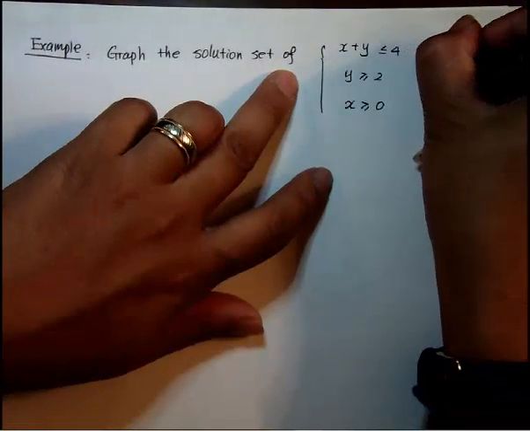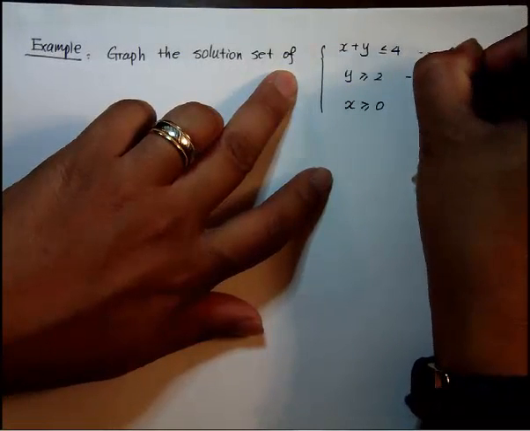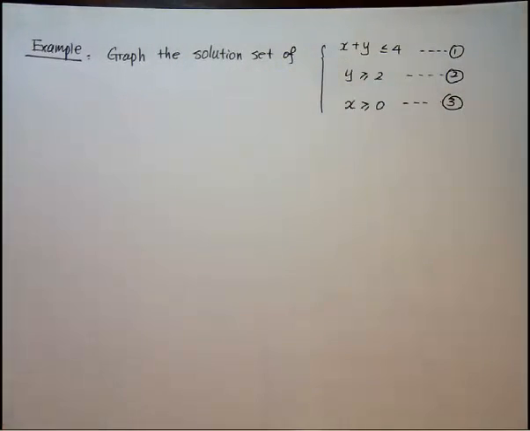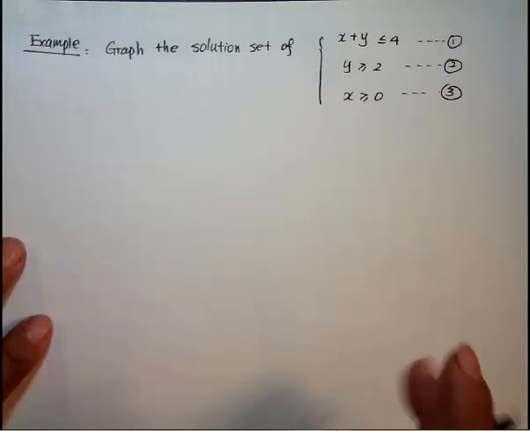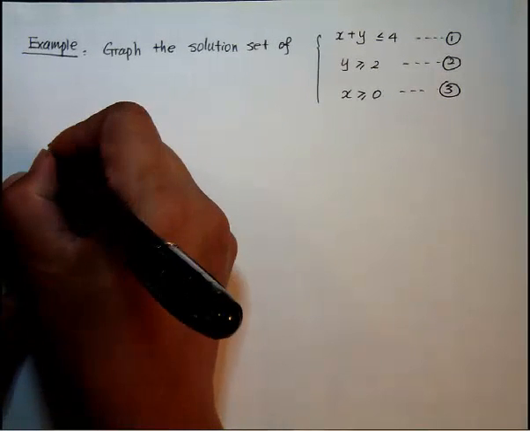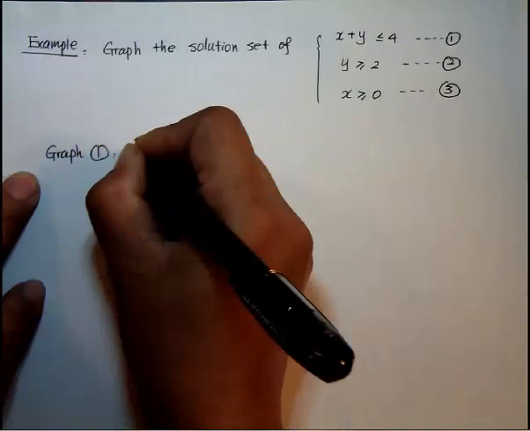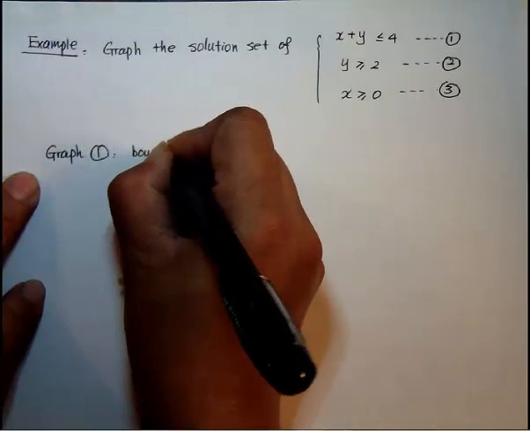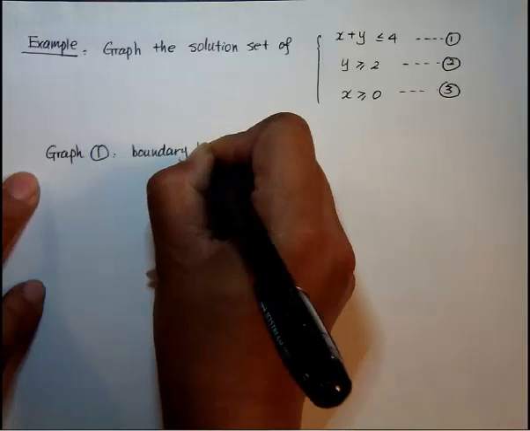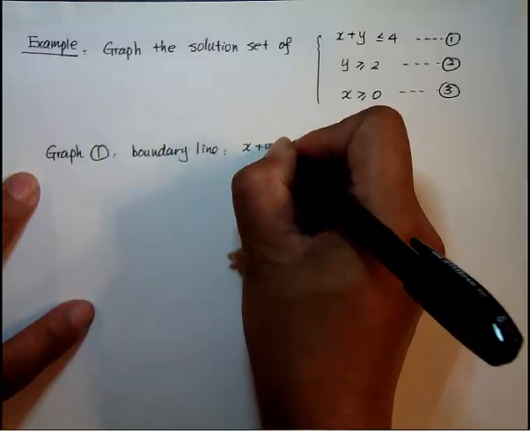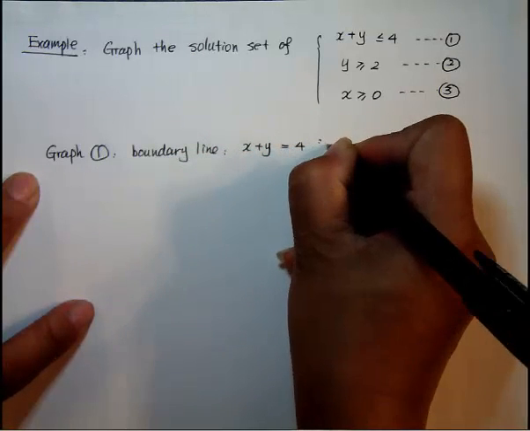So I have 3 inequalities. Let me do that one by one. Now I'm going to grab the first one. The boundary line is changing the inequality symbol to equal sign. X plus y equals 4 with a solid line.